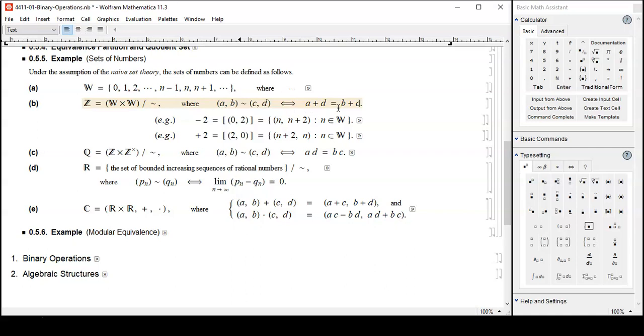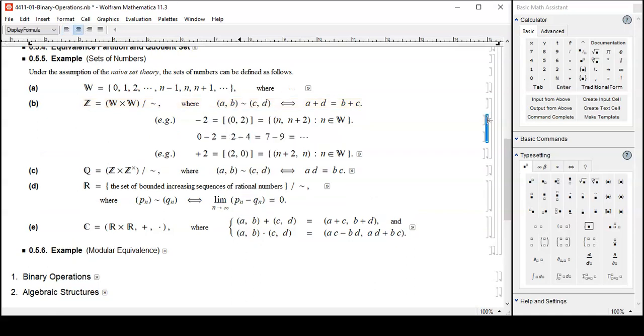That's a bit weird, but that's another week of discussion in set theory, so let's not worry too much about that. What we did get is the set of all integers obtained by a quotient set of the Cartesian product of the whole numbers, so that everything is well defined.